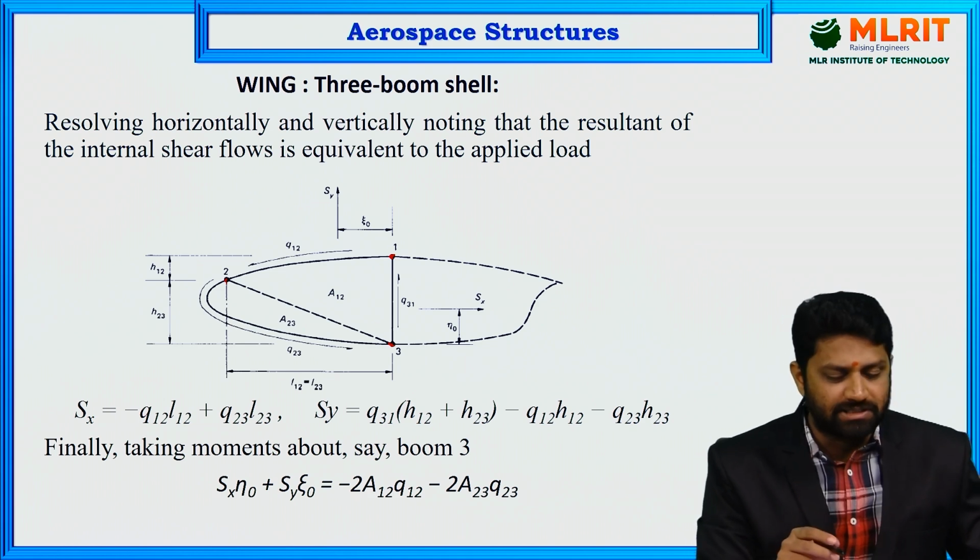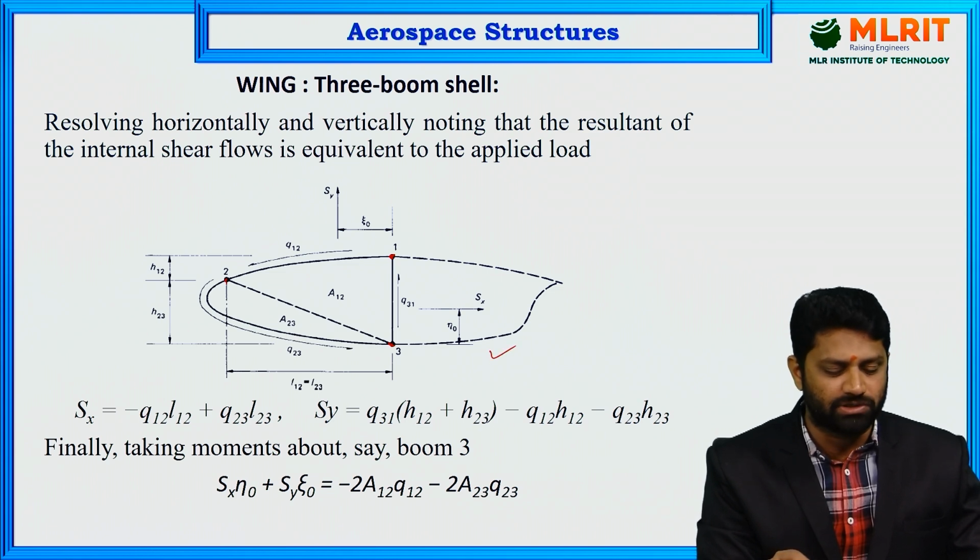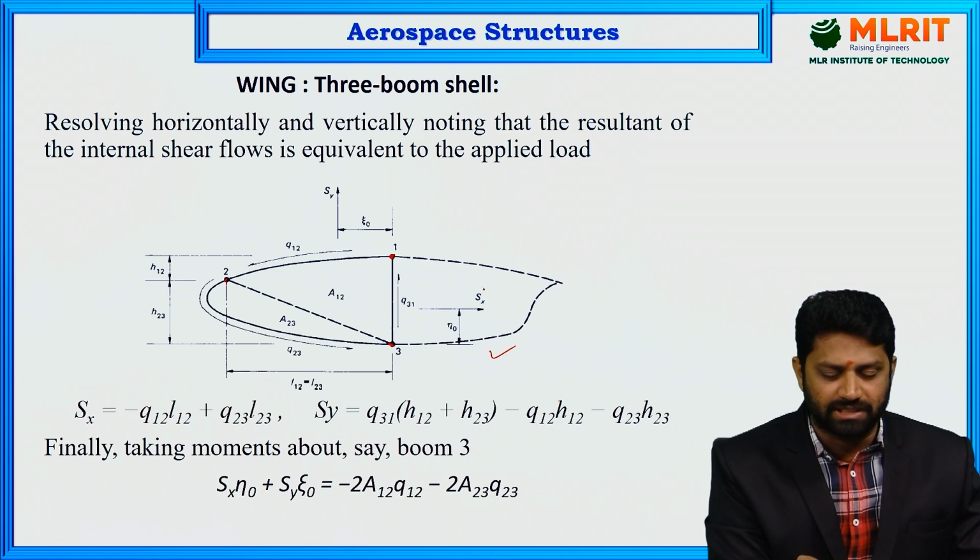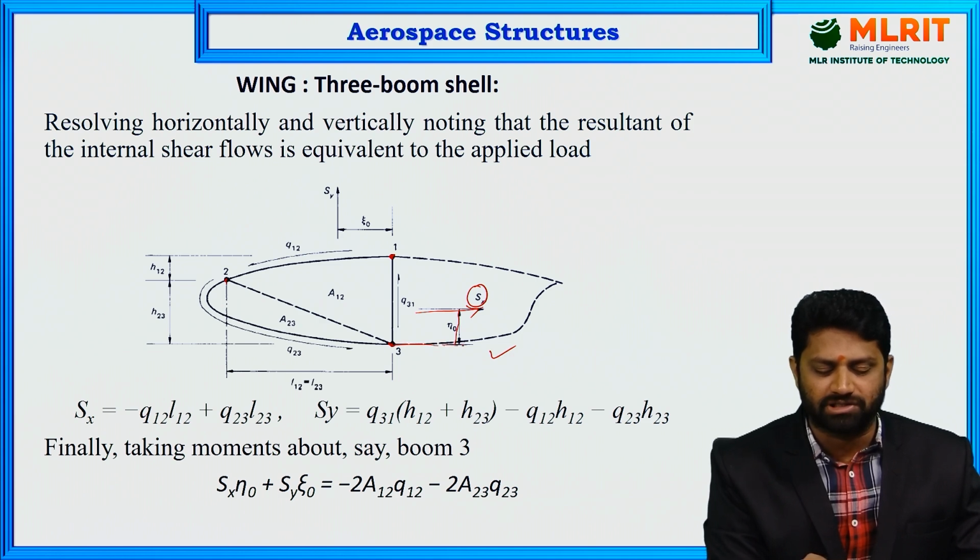Let's consider a wing which is shown in the figure and which has 3 booms, 1, 2, 3, and let us represent the shear loads here. Sx is the horizontal shear load, which is represented at a distance of eta naught from the horizontal line of action of boom 3.